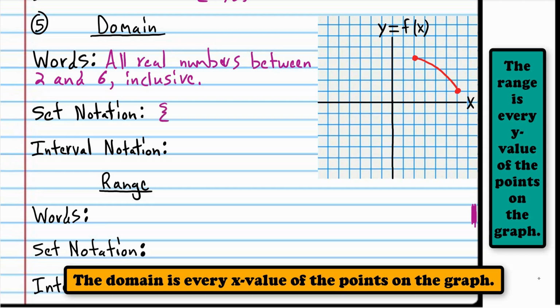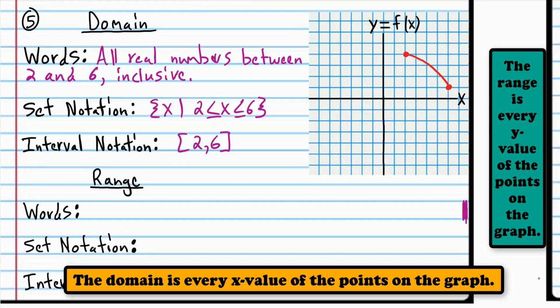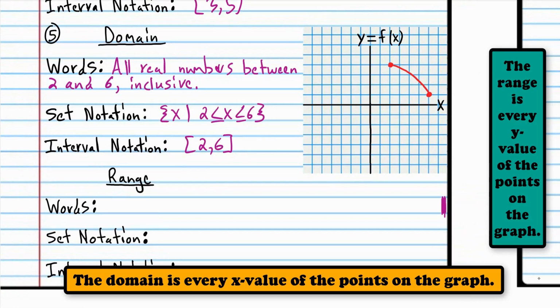So it's the set of all x values such that x is between 2 and 6, but inclusive means it can be 2 and 6 also, so we need less than or equal to symbols, 2 of them. And we need brackets, so 2 comma 6 with brackets for interval notation. So if you got that answer, excellent.